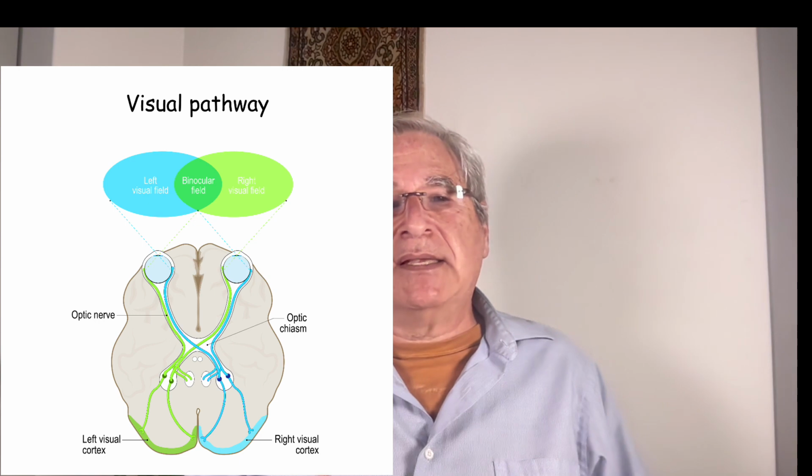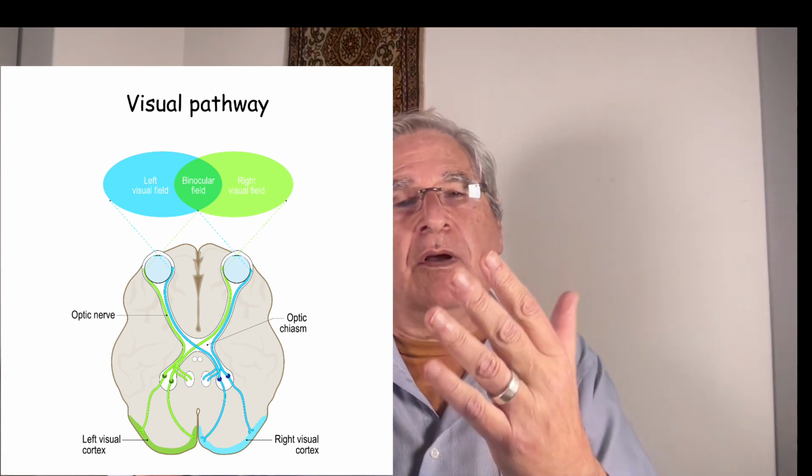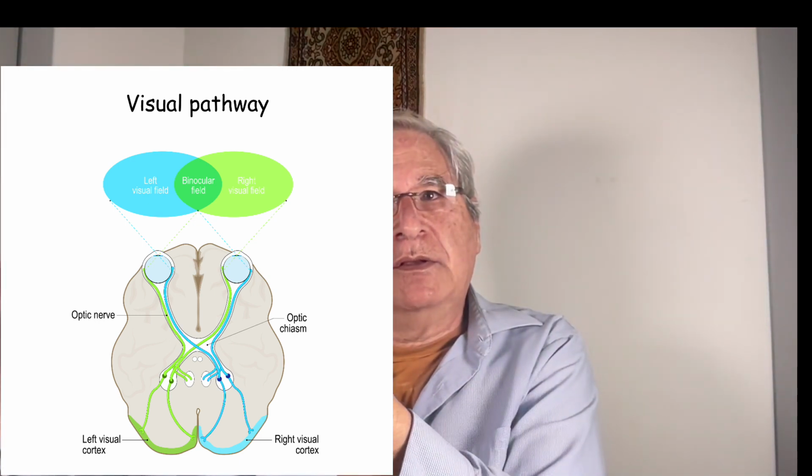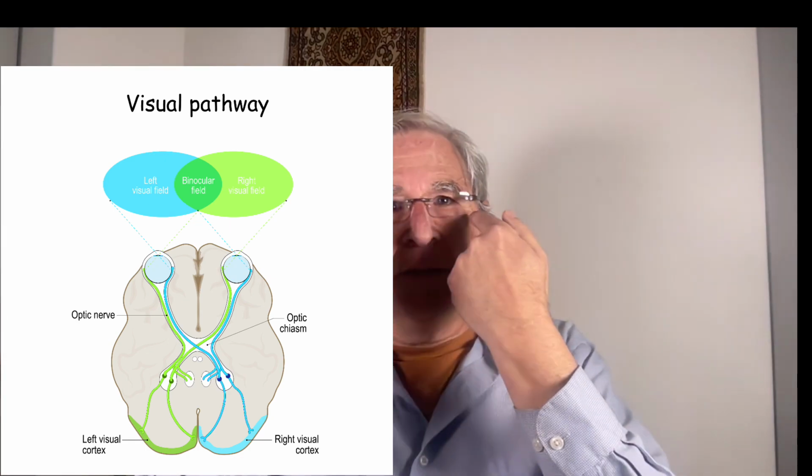And we see that images on one side of the visual field enter the eyes. So if it's off to my right, it enters the eyes towards the left. The nasal on my right eye, temporally the outside on my left eye.